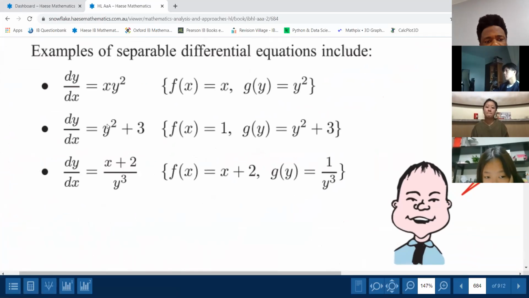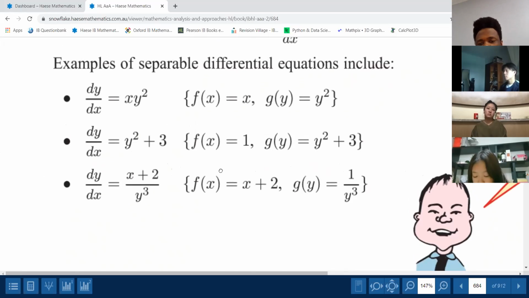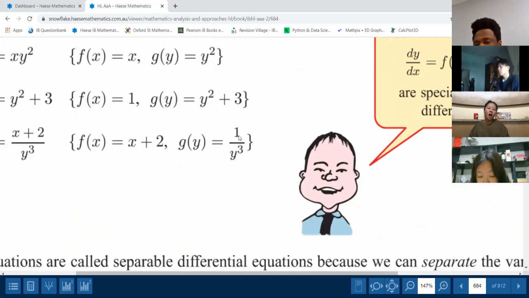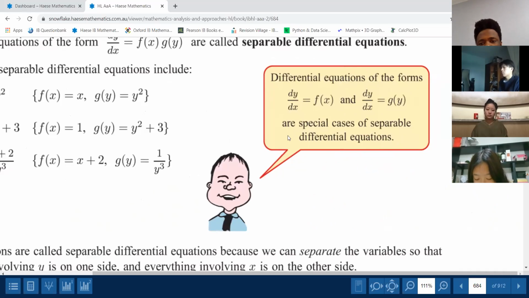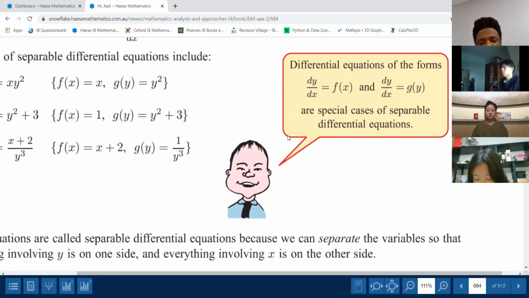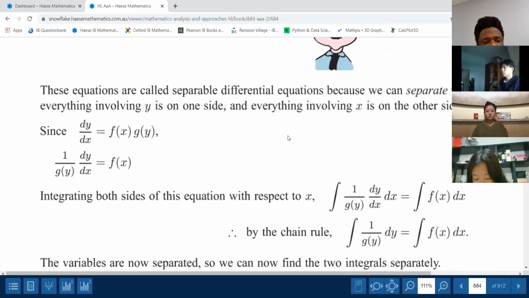Now, this is just a function of y. One of them could just be 1, while the other is this, which is also a function of x and y. So you can say x plus 2 is one function, and the other function is 1 over y to the power 3. Once you are able to do this, then we can use separable variables.